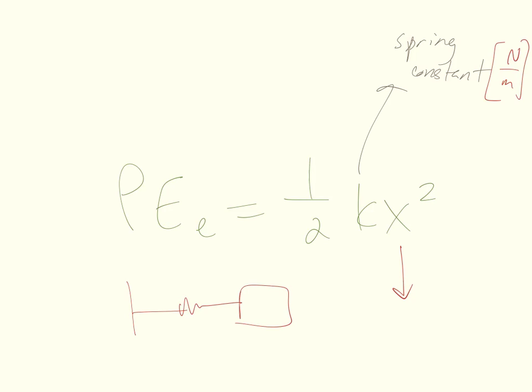It's compressed to a distance like that. Well, how do I find the actual x value? This is the x value here. It's the distance between center to center, where it started, where it ended, from center to center, or front to front, or back to back. Doesn't matter, as long as you are consistent where you pick the point on the object.